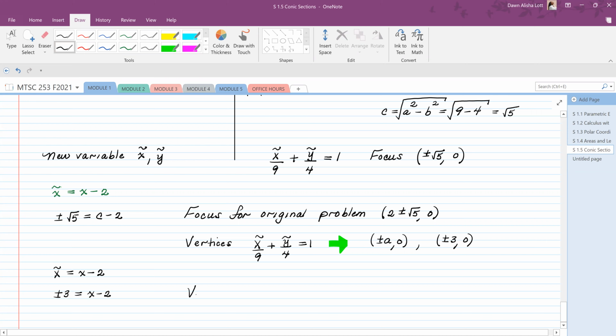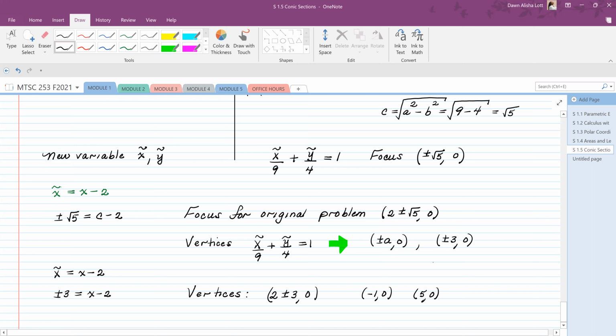So therefore, the vertices for the original problem are going to be 2 plus or minus 3, comma 0. So what are they? That's 2 minus 3, so that's minus 1, 0, and 2 plus 3, which is 5, 0.